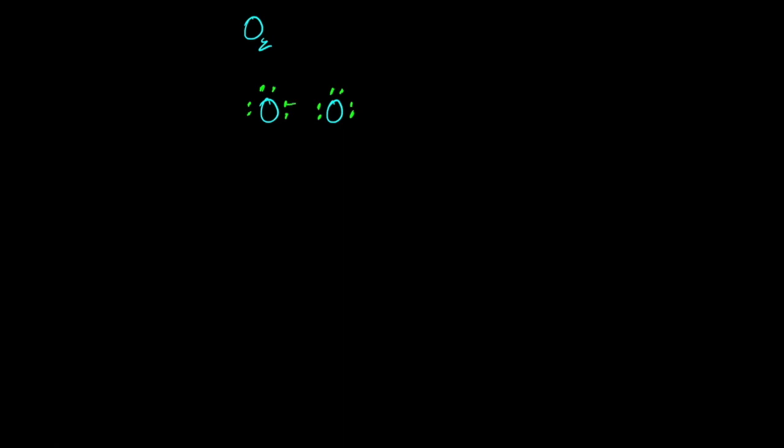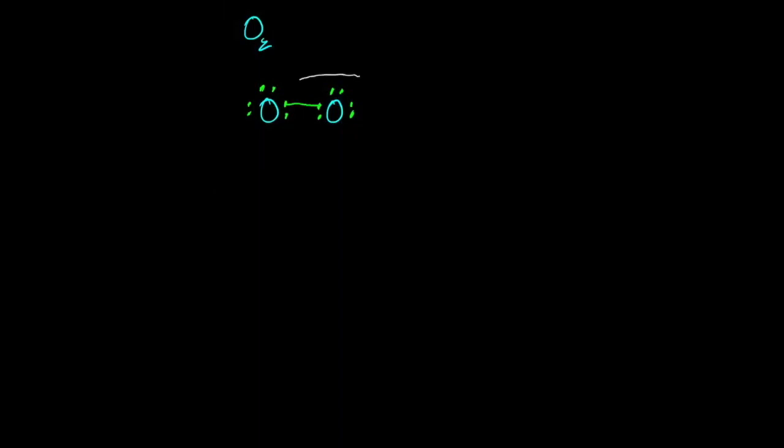So if I share these 2 electrons here, it appears that the elements now have a greater amount of electrons than they started with. If I circle the shared electrons and the unshared electrons on the oxygen, I can see a total of 7 electrons. That's not 8, all right? So how do we fix this?